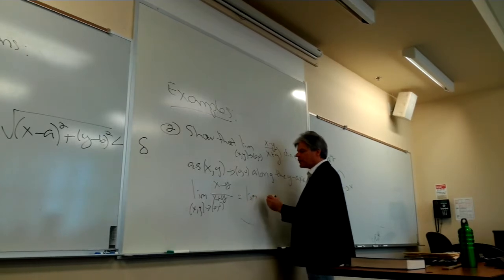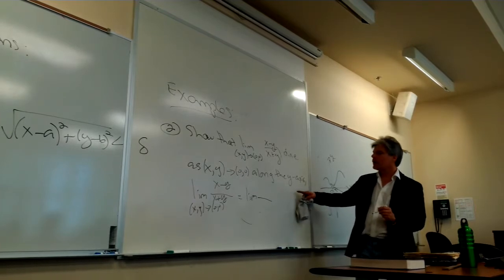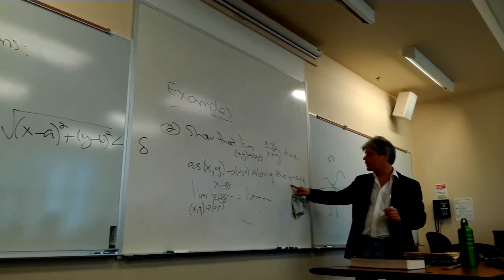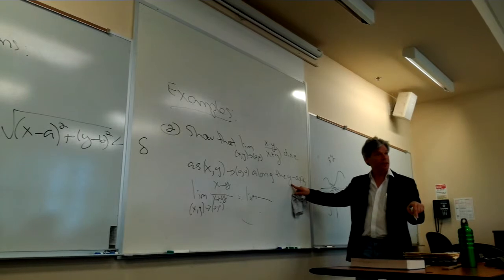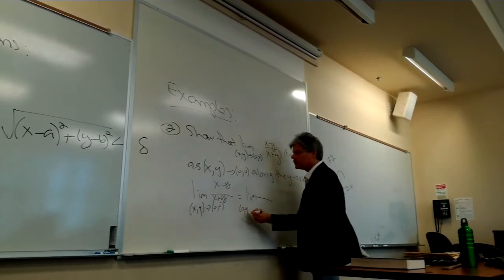I mean x comma y is going to the origin, but y along the y-axis, in which case x is always going to be 0. So I think I'm just simply evaluating this limit.